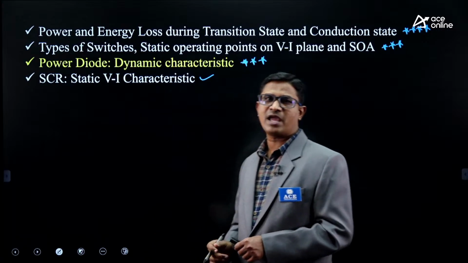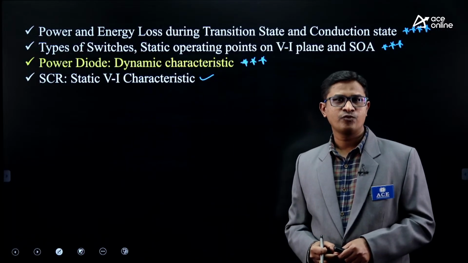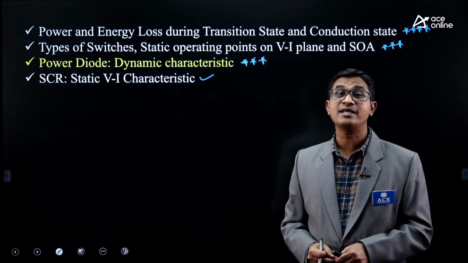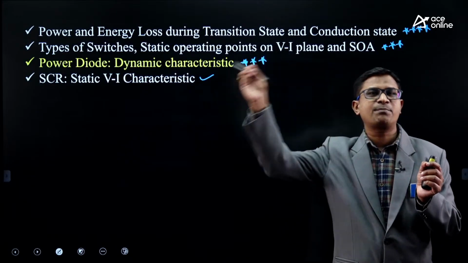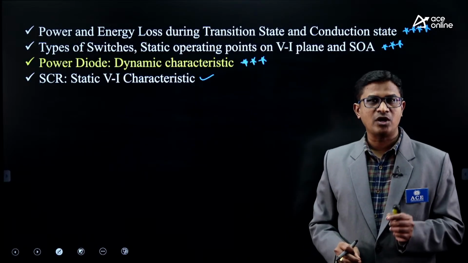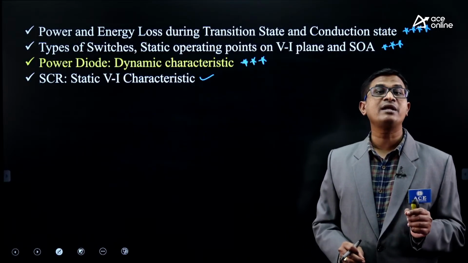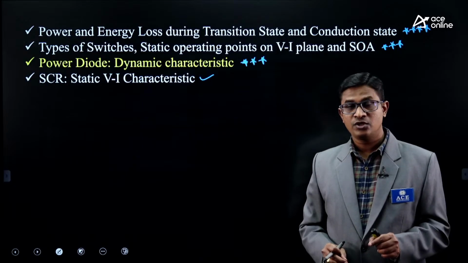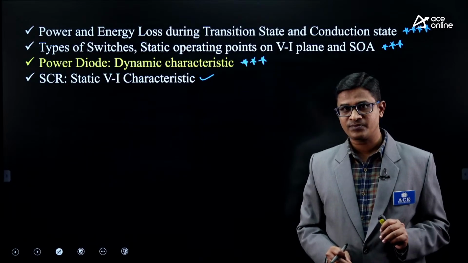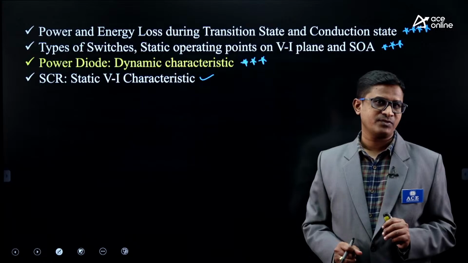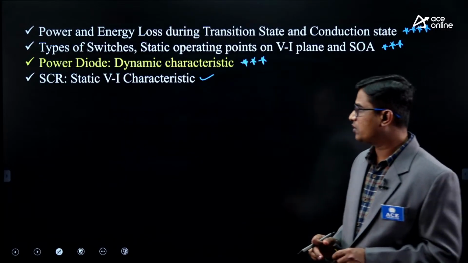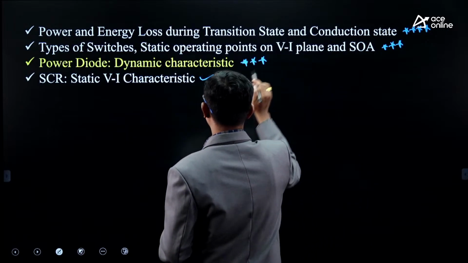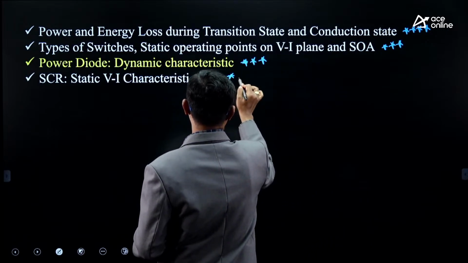Based on the static VI characteristic of SCR, we have concepts like holding current and latching current, and the minimum gate pulse width required to turn on the SCR and to maintain the SCR in the on state. You will find these types of questions asked multiple times, in many examinations, right? So I would like to give this topic a 5-star rating.